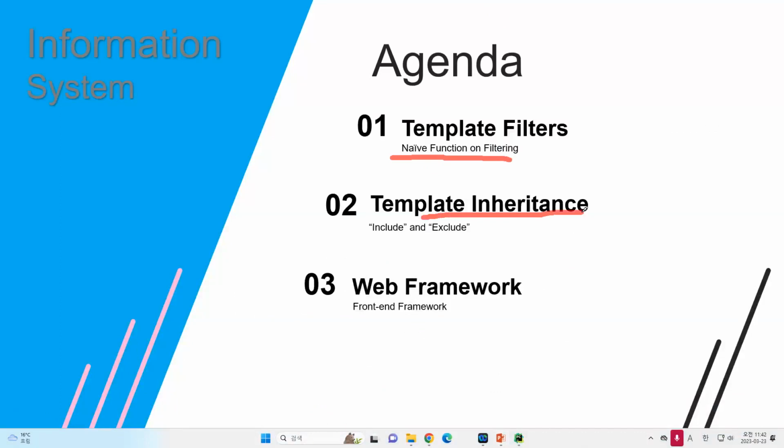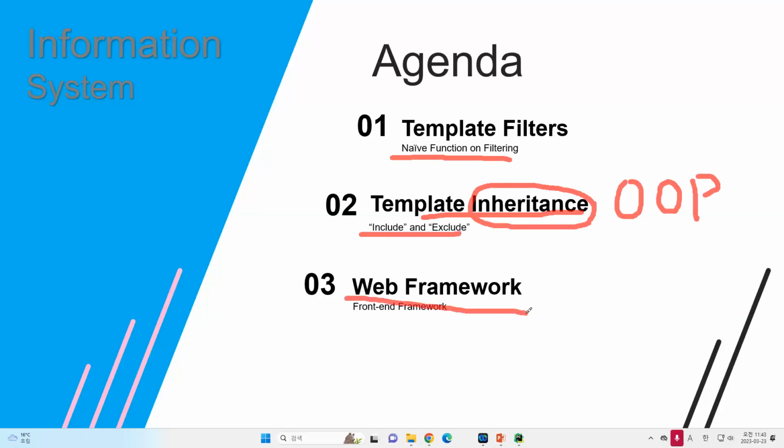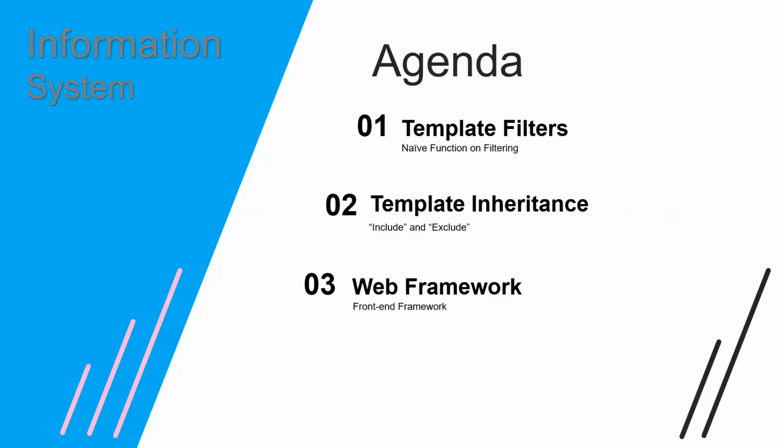You know, in programming languages we have object-oriented programming, OOP. In Django, they also have this kind of thing, but simplified into inheritance. So we will learn about include and exclude. And for the web framework, I think last time we learned about Bootstrap. So we will try to adopt Bootstrap into our web.